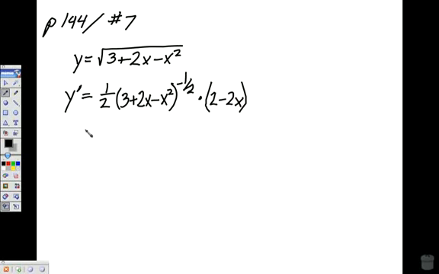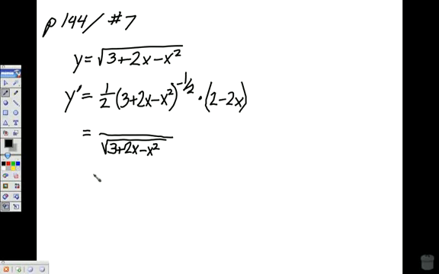Okay? We can simplify this a little bit. This part here with the parentheses and the negative 1/2, I'm going to get rid of the negative exponent by putting it on the bottom of a fraction. And the 1/2 means it's a square root. So we've got the square root of 3 plus 2x minus x squared, all underneath the square root.